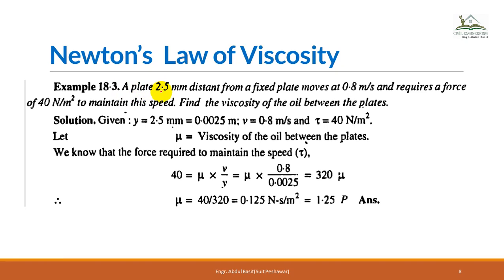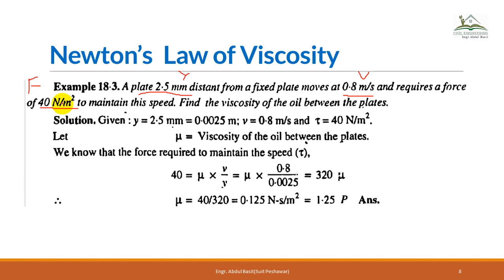We are given some data: a plate is 2.5 meters distance from a fixed plate. So 2.5 meters is the Y for you, moved at a velocity of 0.8 meters per second, so this is the velocity for you. And it required a force of 40 Newton per meter square.